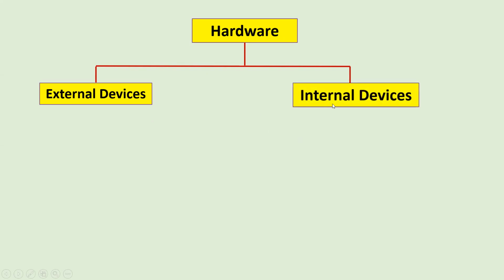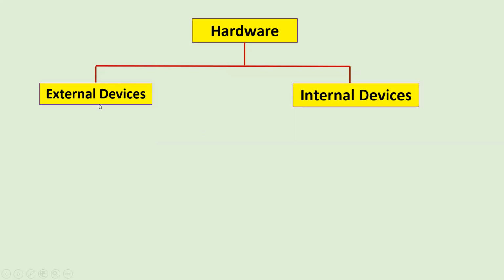External and internal mean the devices which you can find outside the system unit. Outside the system unit are called external devices. You can see these types of devices directly. Internal means inside the system unit. Right? Normally, you can't see internal devices directly. You have to remove the cover of the system unit, then only you can see the internal devices.